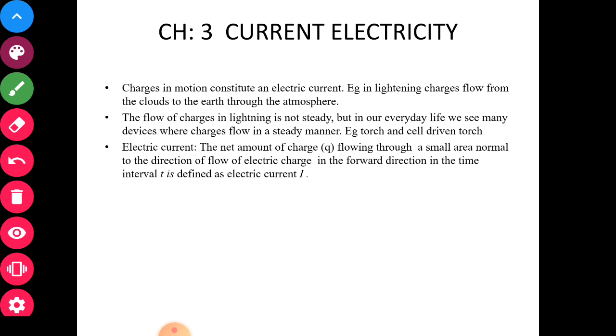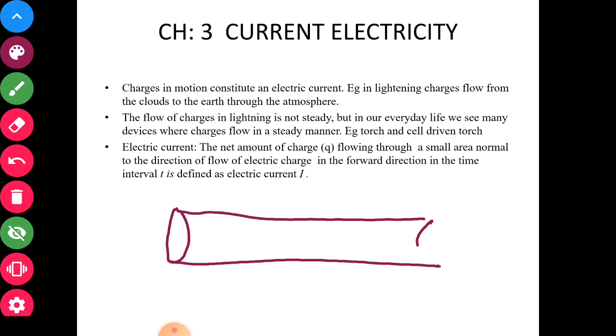Similarly, consider the net amount of charge which is flowing through a small area normal to the direction of flow. Say this is our pipe, or we can say this is our conductor wire, and the charge is moving perpendicularly to the cross section. This shaded region is the cross sectional area and charge is flowing perpendicularly to it.